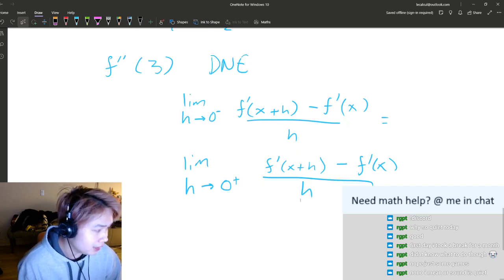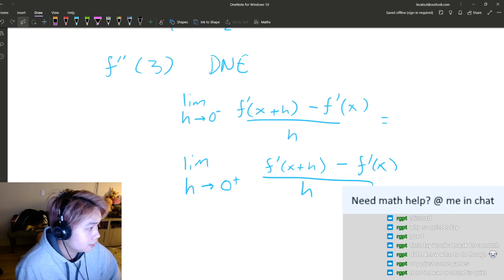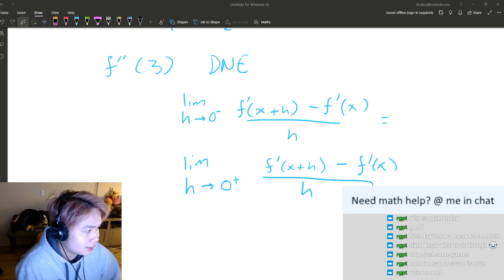My sound is quiet, like my voice or the music? Voice sound? This is as loud as it goes. Is this too loud? Because it's like saying my sound is going into the yellow.